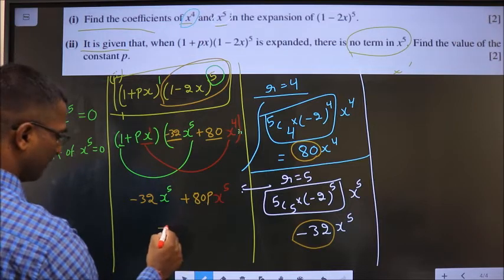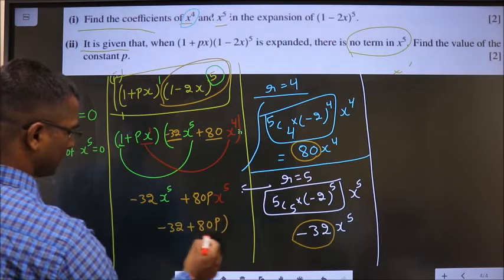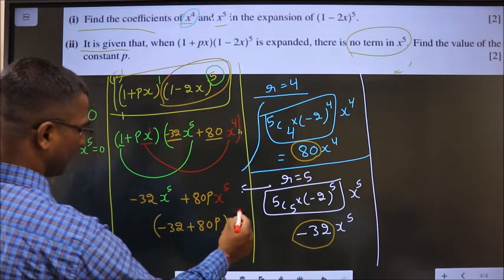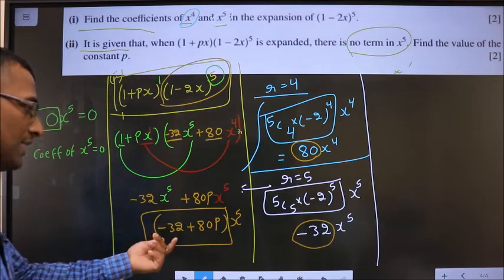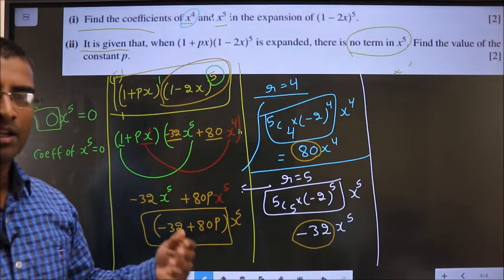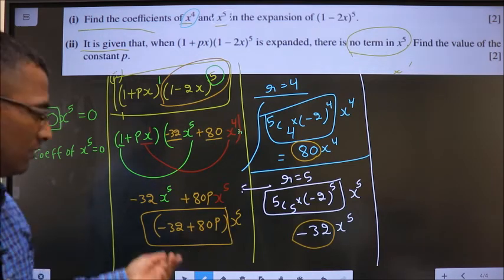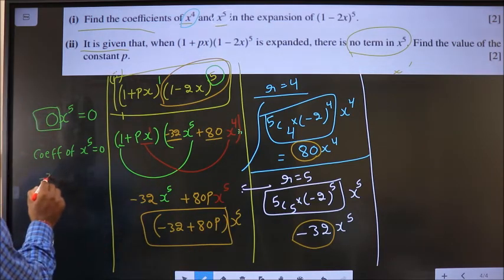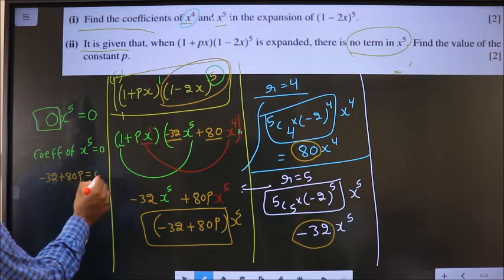Take x power 5 common. So (minus 32 plus 80p) times x power 5. So this is the coefficient of x power 5. Given is no term in x power 5, which means the coefficient has to be 0. So equate this to 0. So minus 32 plus 80p equal to 0.